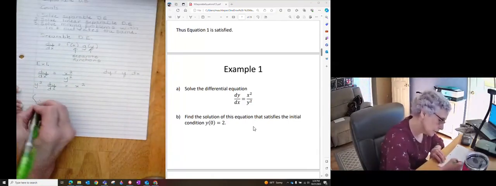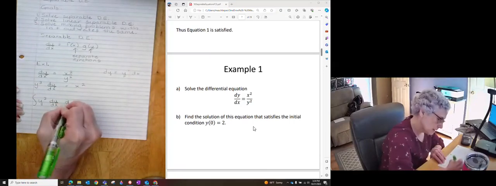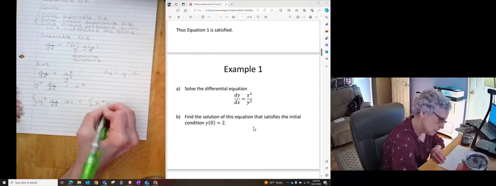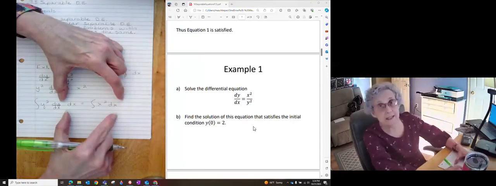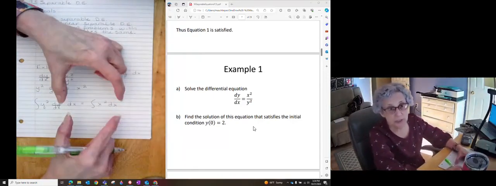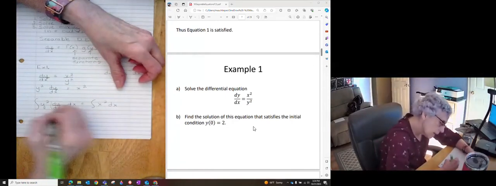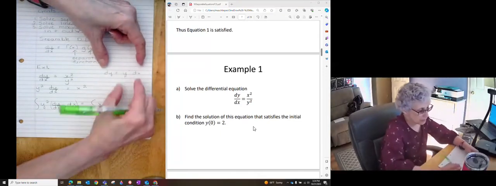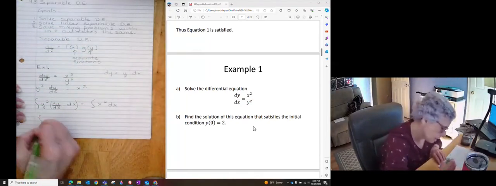So if I throw an integral on each side, y squared dy/dx, integrating with respect to x, is the integral of x squared dx. So I did the exact same thing to both sides. I'm integrating with respect to x. But then I look at this little piece right here. Well, that's equal to the differential of y.